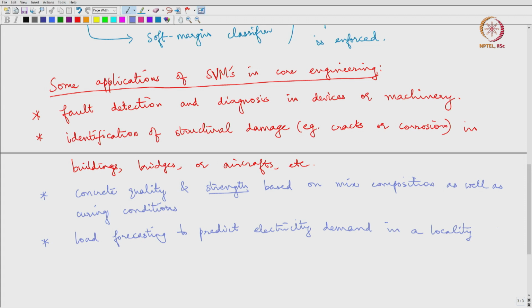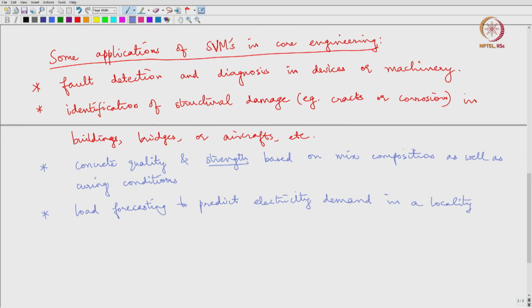And this could be very important, particularly because we are talking about energy storage, right. We want to know how much of the renewables we can use, like solar, wind, how much of it has to be stored in batteries. So all of this load forecasting can play a very important role in the near future, right.